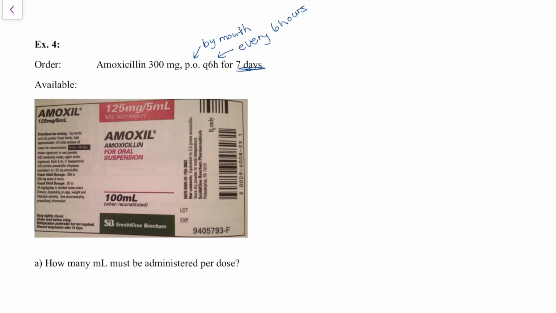We're looking for how much amoxicillin is in each milliliter, or in a certain amount of milliliters. And you'll see that written right here and right here as well. Okay, so what this says is it's 125 milligrams in 5 milliliters of the oral suspension.